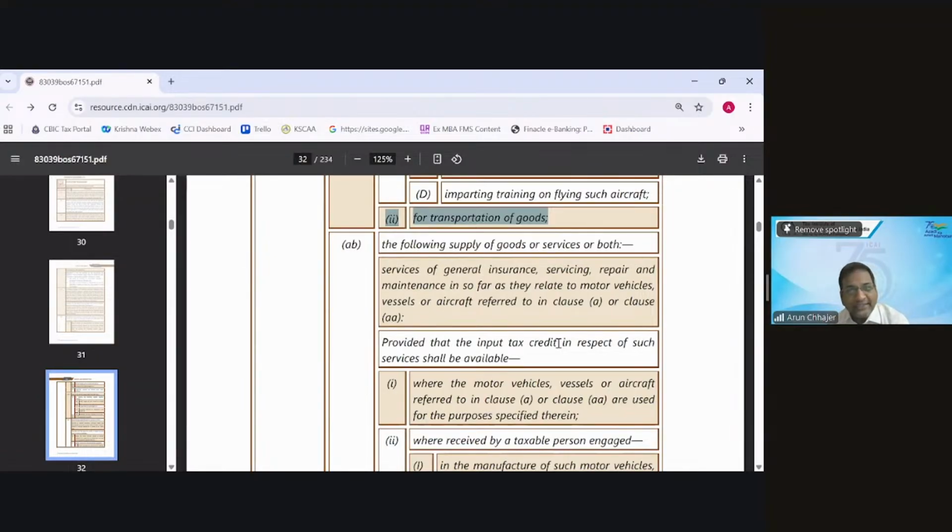The following supply of the goods or service or both is also under the block category.